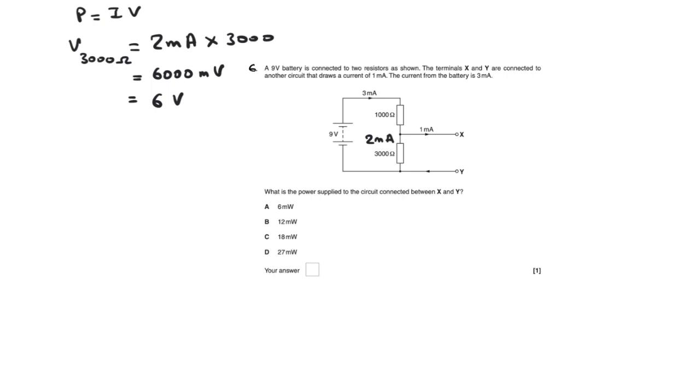So power is therefore equal to 1 milliamp times 6 volts. I'm just going to leave it as 1 milliamp because my final answer is just in milliwatts. So A is the answer.